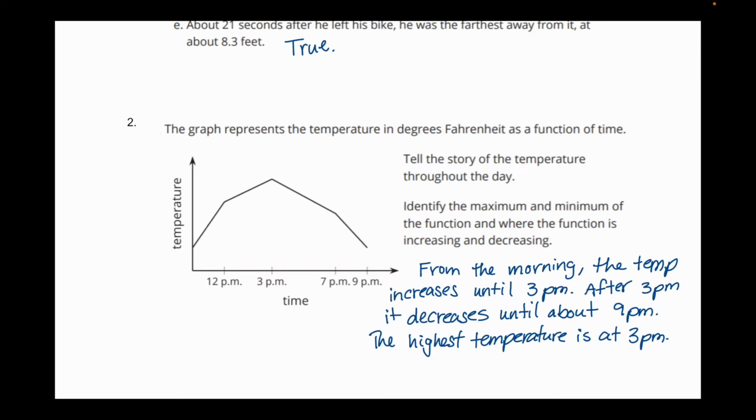Now, this doesn't really have a minimum specifically, because technically, if it looks like at the beginning of the day and at 9 p.m. the temperature is about the same amount, then we have multiple minimums. So we talked about where the function's increasing and decreasing. We identified the maximum. That was 3 p.m.